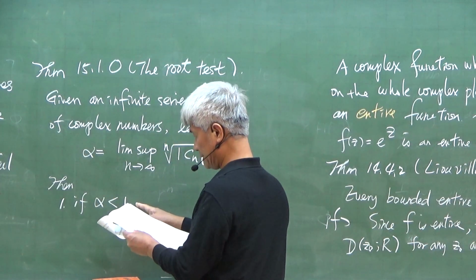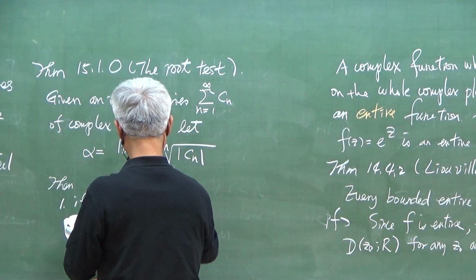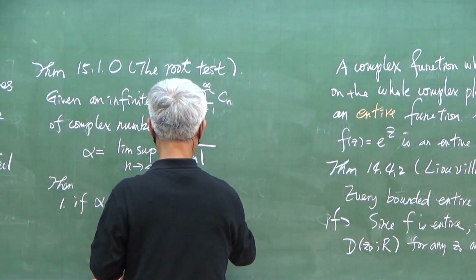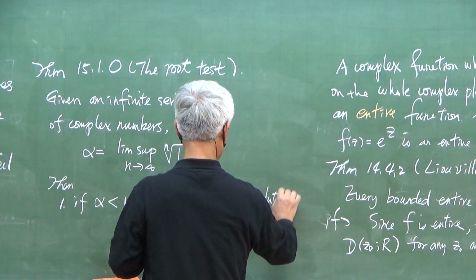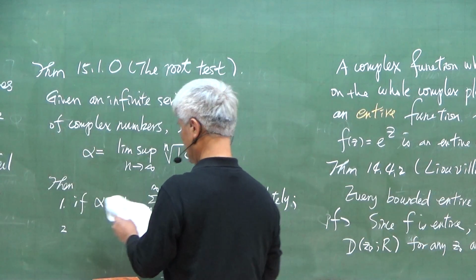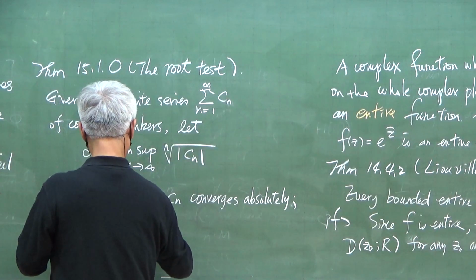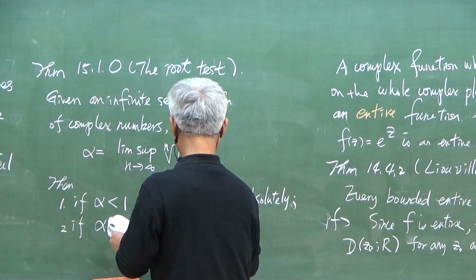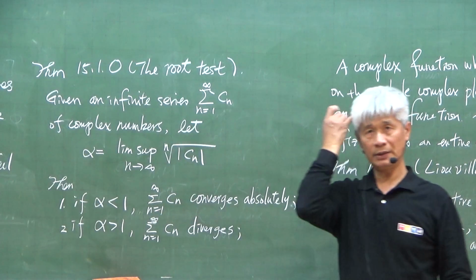Now, if alpha is less than 1, then this infinite series converges absolutely. The second thing is that if alpha is greater than 1, then the infinite series diverges.